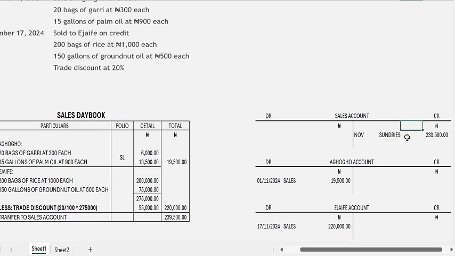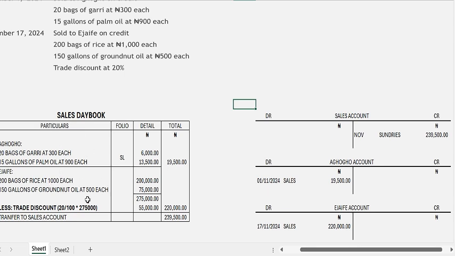And when you get to the sales account, then you separate it. This 239,500, what are the elements that make up this amount? This is Our's 19,500 plus 220,000 naira of HIFA. Adding the two together gives birth to this 239,500. So just a kind of recap. I said the trade discount life cycle ends in the daybook.